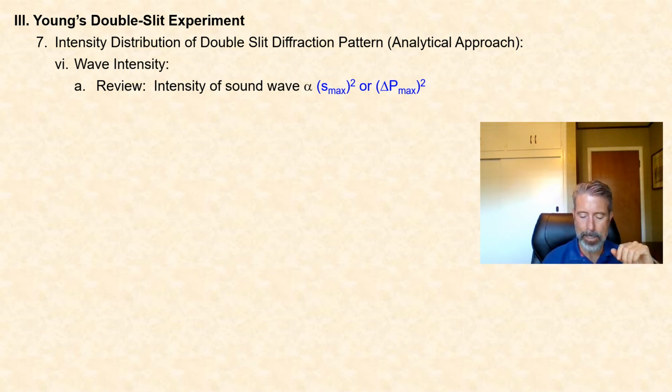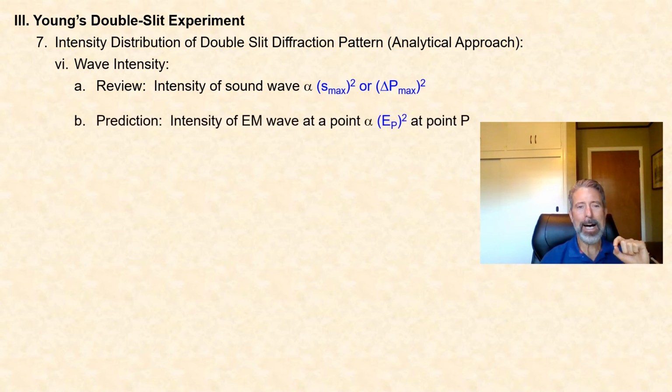Now, given that, I don't think it's going to be too big of a stretch of the imagination to say, well, how do we go from mechanical waves to electromagnetic waves, and to realize that the intensity of an electromagnetic wave at a given point would be directly proportional to the square of the electric field at that point.